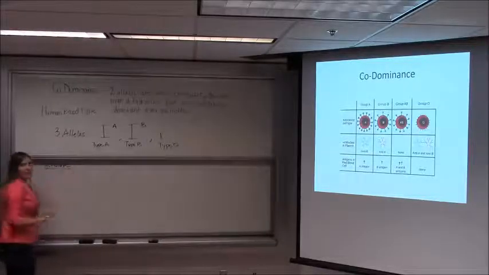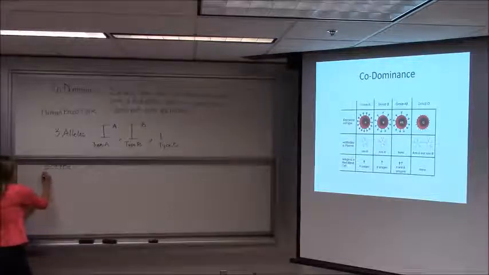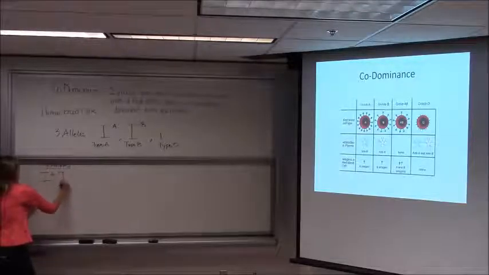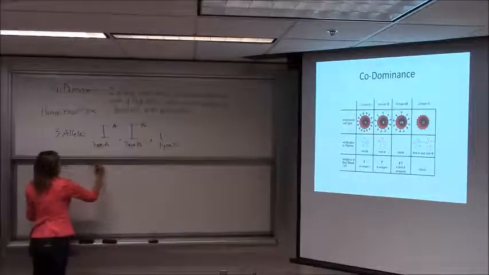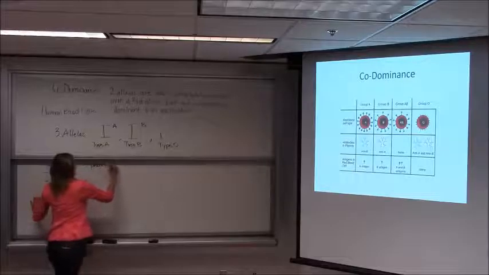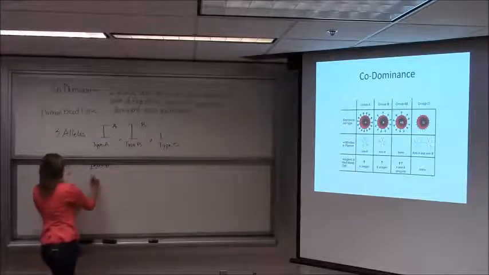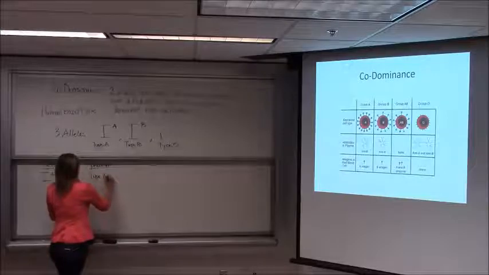You could get 2 of the type A, 1 from each parent. So in this case, you're homozygous for the type A allele. And your phenotype? What kind of blood are you going to have? What would we call your blood type? This will be type A blood.